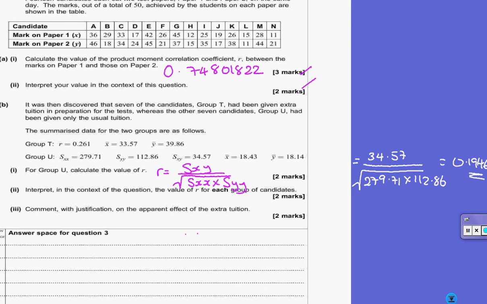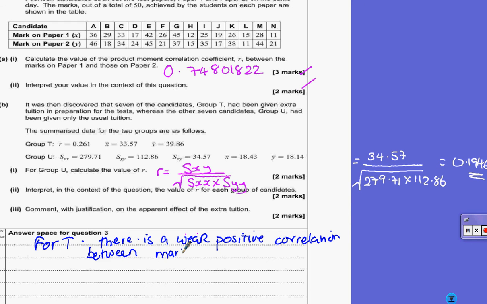Okay, so for T, there is a weak positive correlation between marks on paper 1 and marks on paper 2. Okay.